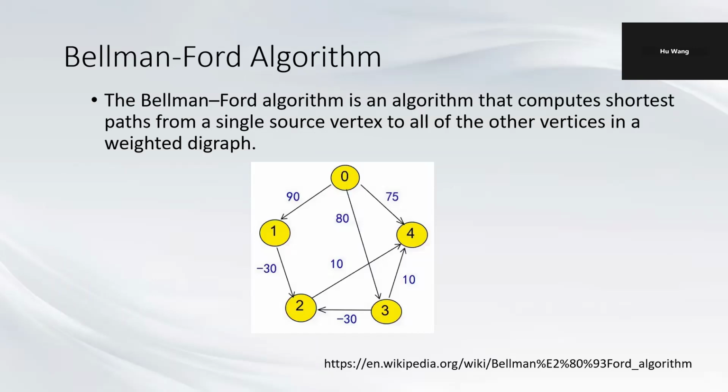So the last example I want to show is the Bellman-Ford algorithm. The Bellman-Ford algorithm computes the shortest path from a single source vertex to all the other vertices in a weighted graph. So you can see we have 5 points, and 0 is the source point, and there are numbers on the sides, meaning the edge weight, or the default distance from one point to another.